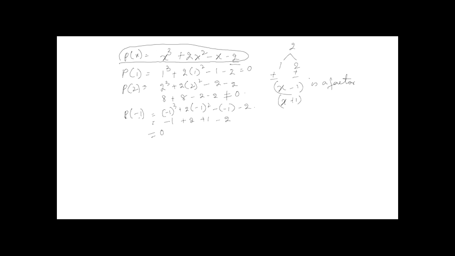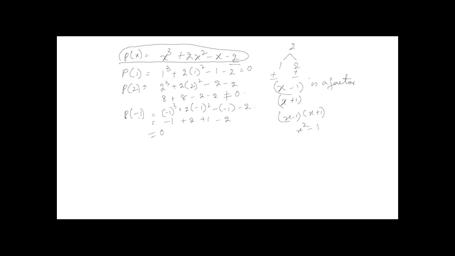Now to find another one, you can even divide this by x minus 1 into x plus 1. What is x minus 1 into x plus 1? X square minus 1 square.